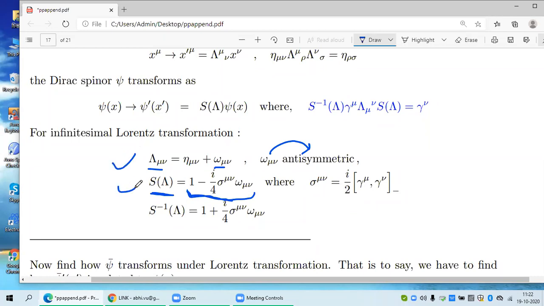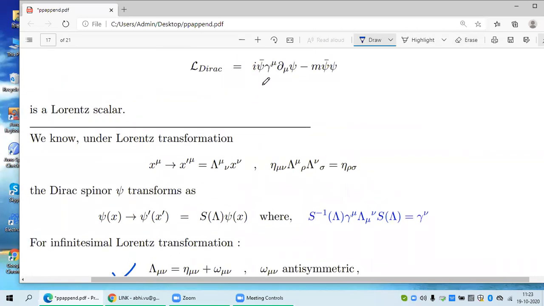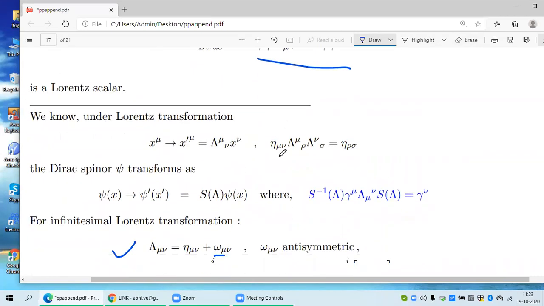You can find these in previous class notes. This is the form only for infinitesimal transformations, and any finite transformation can be generated by successive infinitesimal transformations. If this is so, S inverse should be like this. I will make use of all this information to test Lorentz invariance.